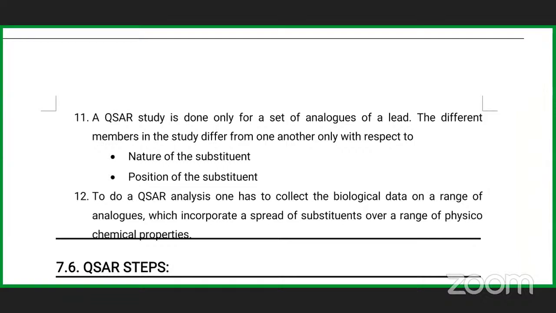Most probably we'll apply this QSR technique for a set of molecules, a series of molecules. This is not applied for a single molecule. So we'll take a set of molecules by taking different analogs, by changing the substituents and atoms in that particular core structure.